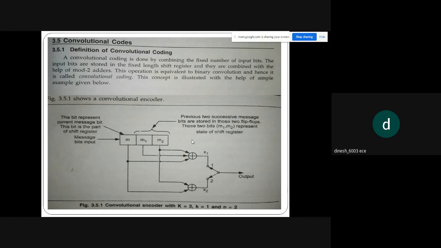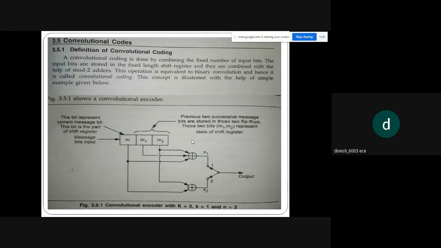How x1 is obtained depends upon the problem, and how x2 is obtained depends upon the problem. In this problem, x1 is the modulo 2 addition of all three: M, M1 and M2. Whereas x2 is the modulo 2 addition of only M and M2.